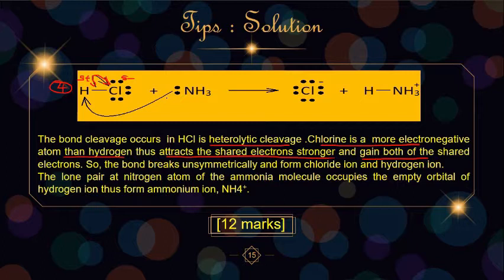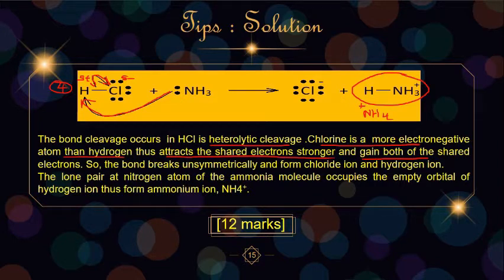The lone pair from the nitrogen atom of the ammonia molecule has the empty orbital of hydrogen, thus it forms a bond. So this will attack H and become the ammonium ion, NH4 plus.